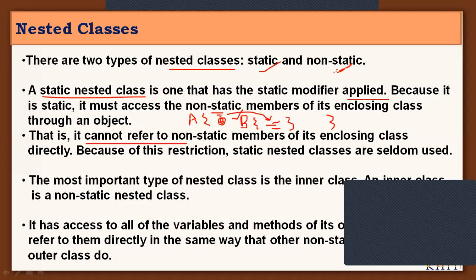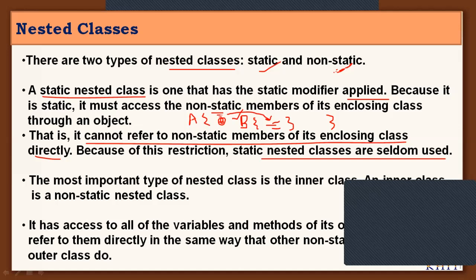It cannot refer to non-static members of its enclosing class directly because of this restriction, so static nested classes are seldom used. Seldom means rarely used. Almost always we create nested or inner classes, and this static is for your knowledge point of view.